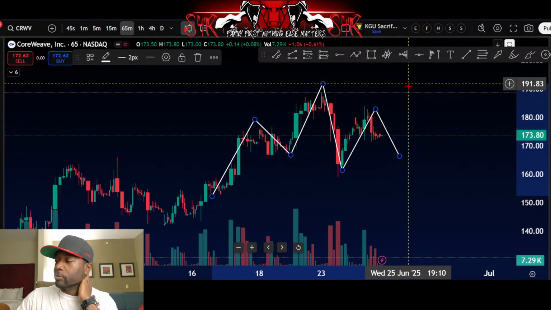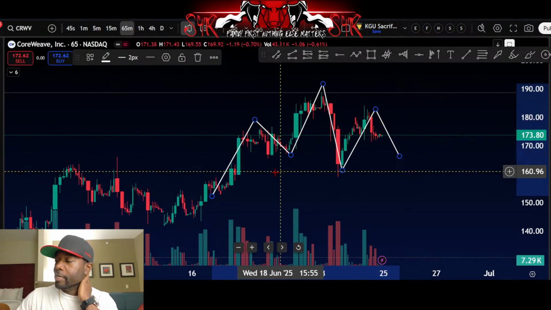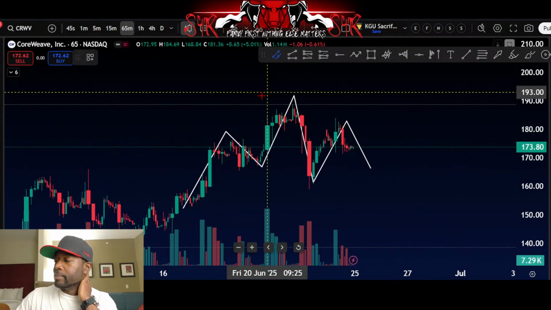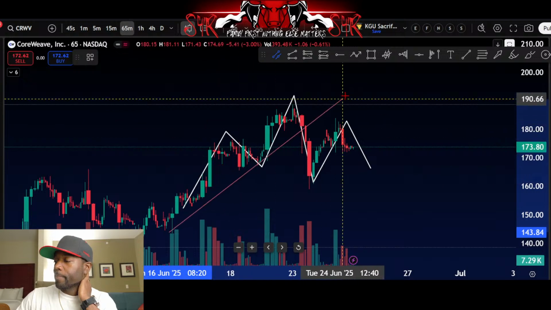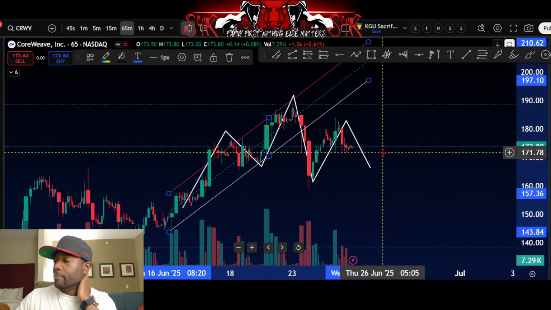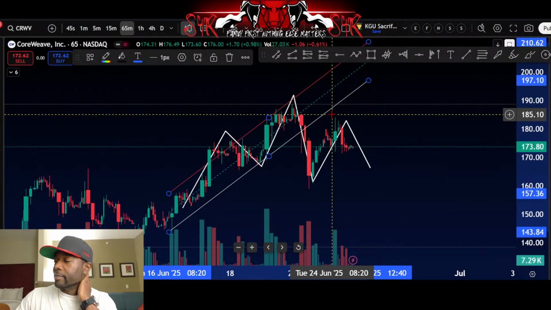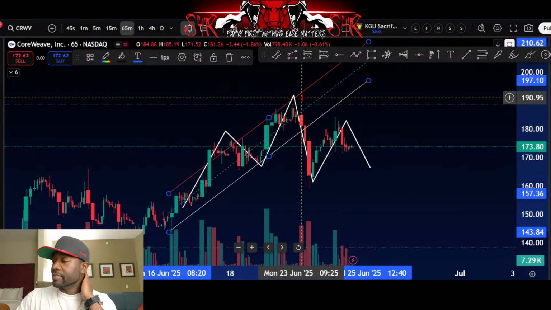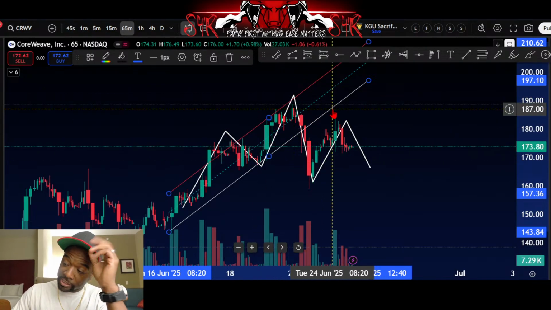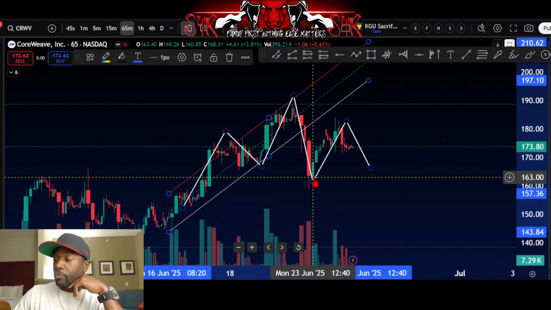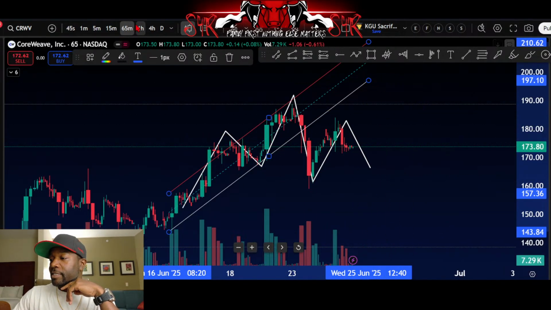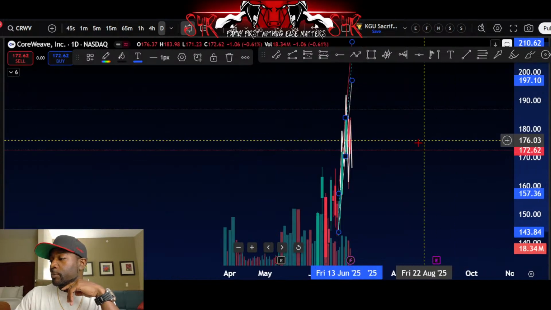This very well could continue towards the upside, and it's just creating a different channel. We have an ascending channel here. I could draw that better, but sometimes your previous ascending line of support becomes resistance, and you get a new level of support as you continue towards the upside. I could see this happening on this particular chart.